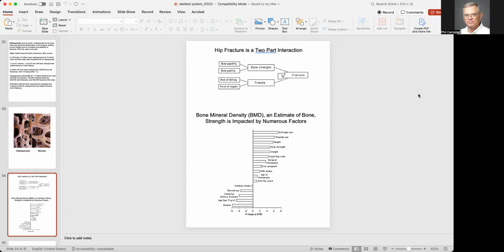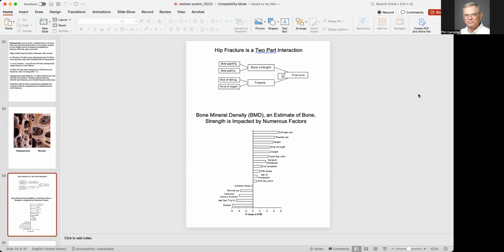So in osteoporosis, you're losing bone quality and obviously bone quantity. This means you have overall less bone strength. That means the bone is less resistant to physical forces being applied, i.e. trauma.